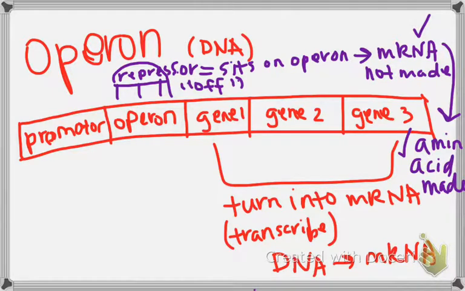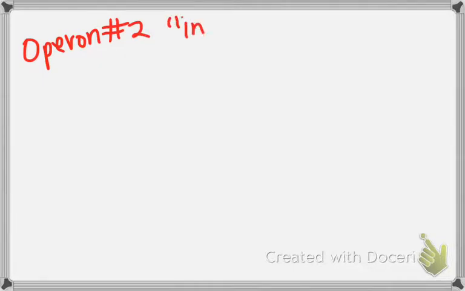But let's look at a different situation, shall we? Again, this is going to be your second example. So if you want to put operon number 2, this is not going to be a repressor situation. This is going to be an inducer.